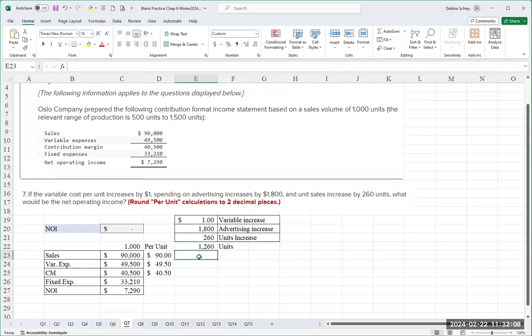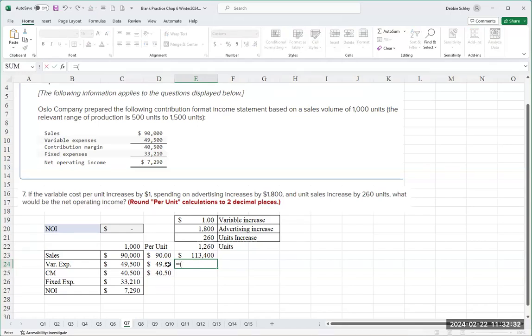My sales then, the selling price did not change in this scenario. So I'm going to do this the long way just because there's so many moving parts. So my first thing to get total sales will be the selling price per unit times the new number of units. Now, my variable, there was a change here.